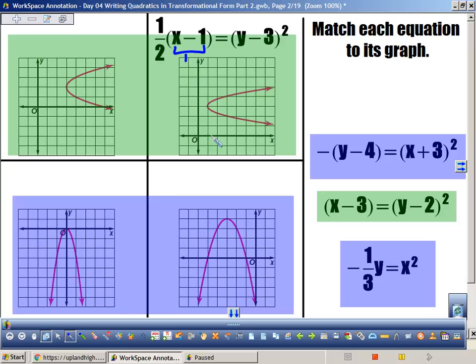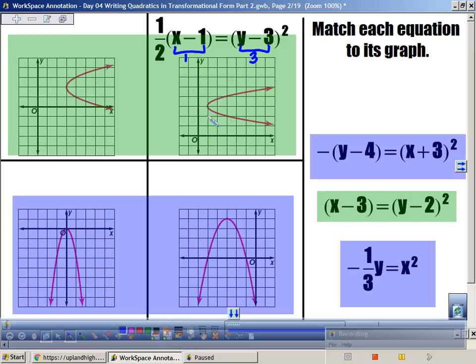We went over 1. And then my vertical shift is 3, and so we went over 1, up 1, 2, 3 for our vertex of 1, 3. It's almost easier than the other ones, right? Because the other ones we always had to look at the x over here on the right-hand side, and it was kind of switched, right?